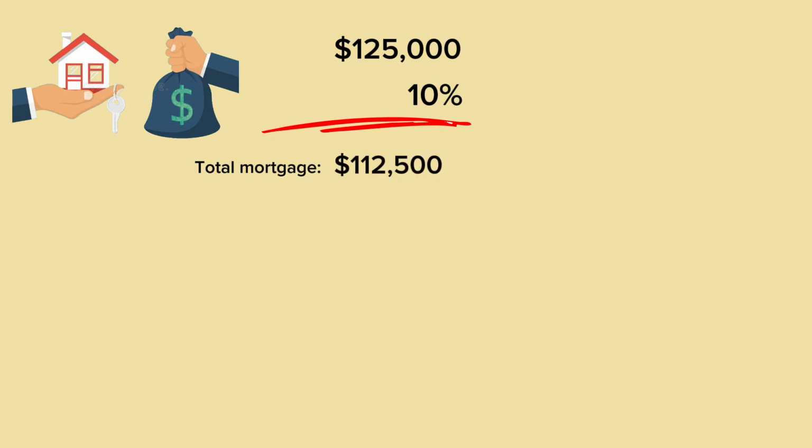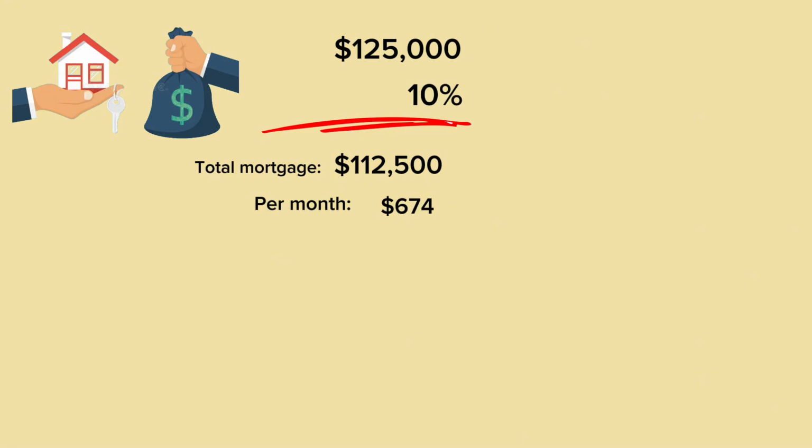And let's say you pay 6% interest to the lender. So I did the math, that will be $674 for 30 years amortization, your payment a month.